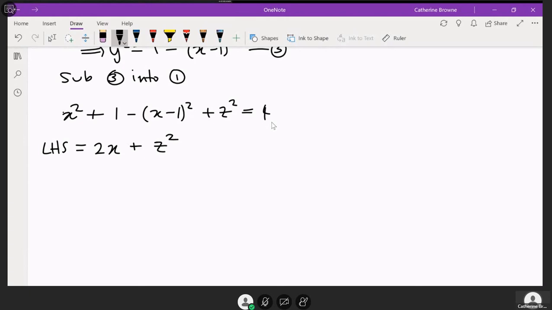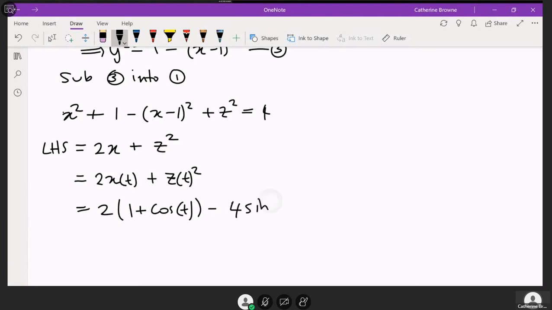And if we substitute the parameterized forms of that space curve we had, the x of t and the z of t, we get 2 times (1 plus cosine t) plus, it will be 2 squared is 4, sine squared t on 2.